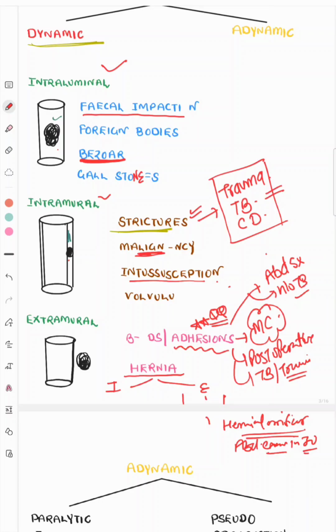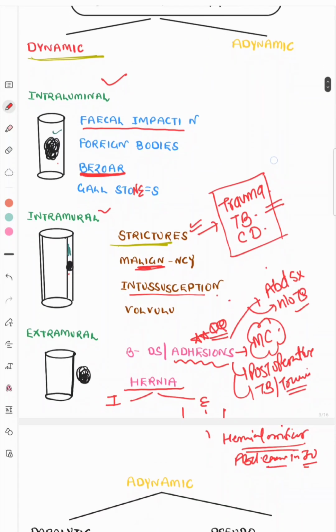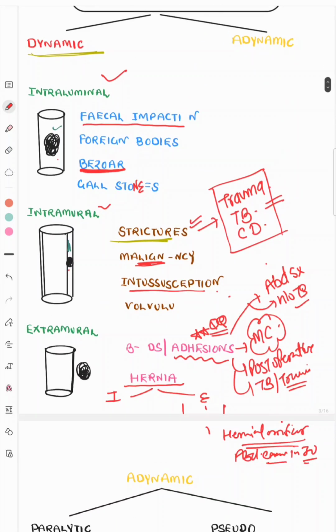Understand? So these are the three main headings covering all the causes system-wise, from inside to outside of the bowel, which cause dynamic obstruction.